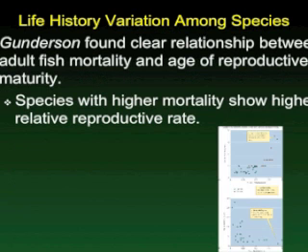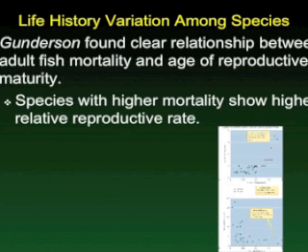Gunderson in his studies found a good relationship between the death rate or mortality rate of adult fishes or adult animals in general and the reproductive rate or the age at which they reach reproduction. So if there's higher mortality in the adults, those of reproductive age, then they tend to become sexually mature at an earlier age.